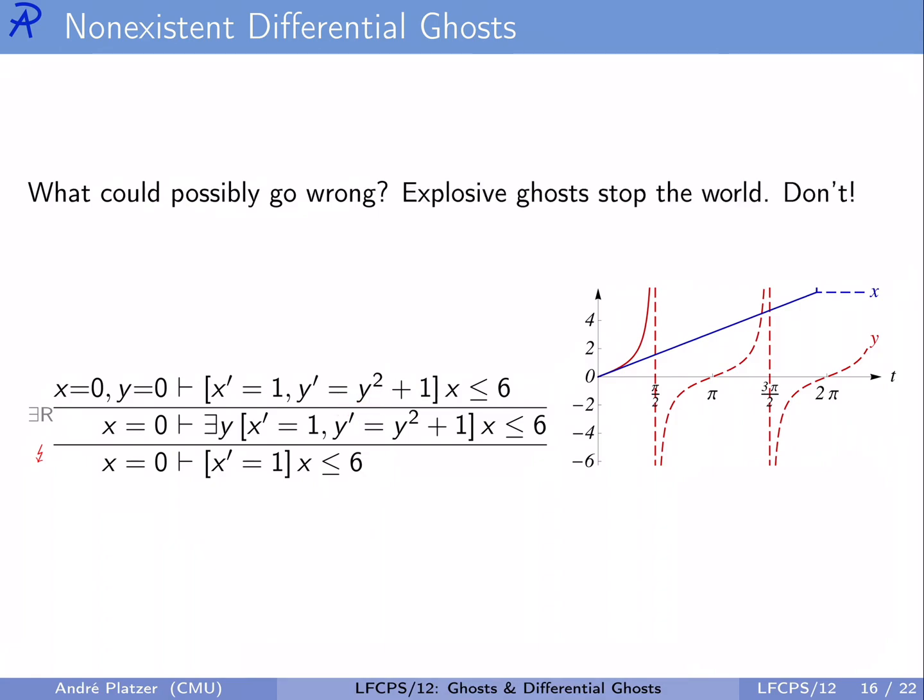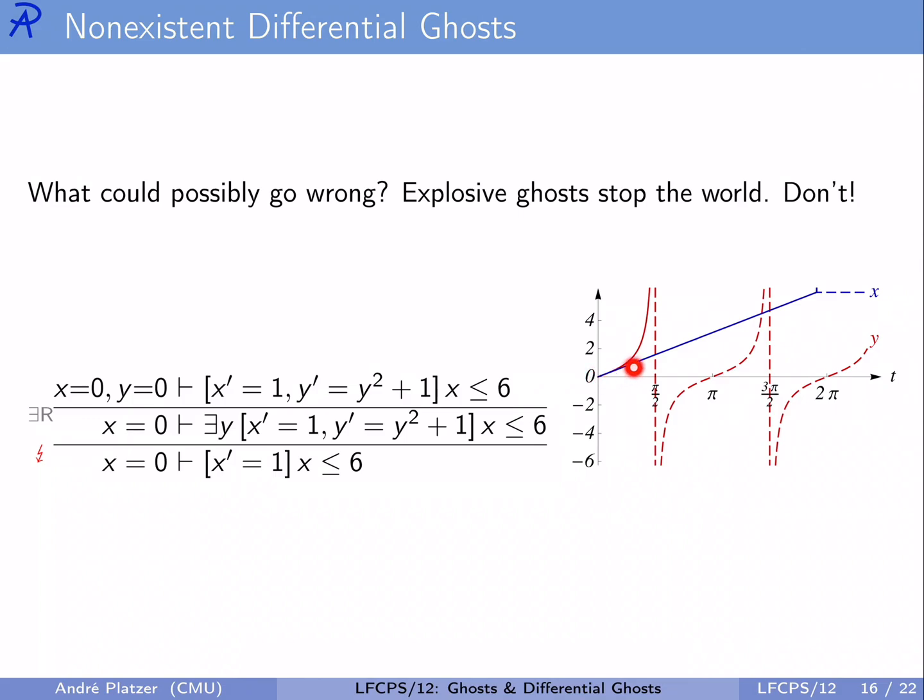Explosive ghosts stop the world. Don't ever explode the world, and don't use explosions in your proofs because, for example, it doesn't help you make an argument that your car doesn't crash by composing it with an explosive device or a differential ghost that stops the world in finite time, because an argument that says, well, no collision happened during the remaining half a split second that the nuclear bomb worked on, doesn't mean that the system will still be collision-free back there, right?